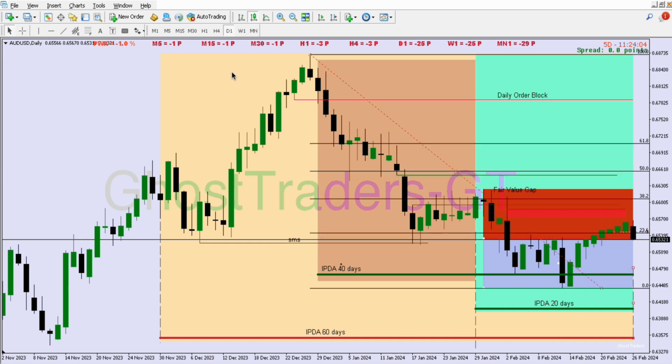This is the highest high within this range of 60 days, and this is the lowest low. Nothing has changed. So basically you can see we are still on discount, depending on which range you're going to be looking at. So basically that's how you get to blend the premium versus discount with IPDA.